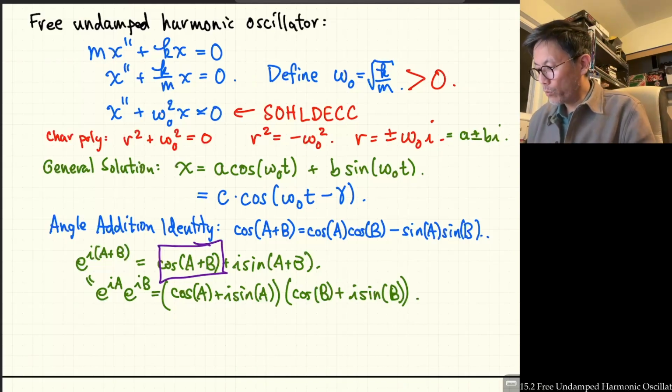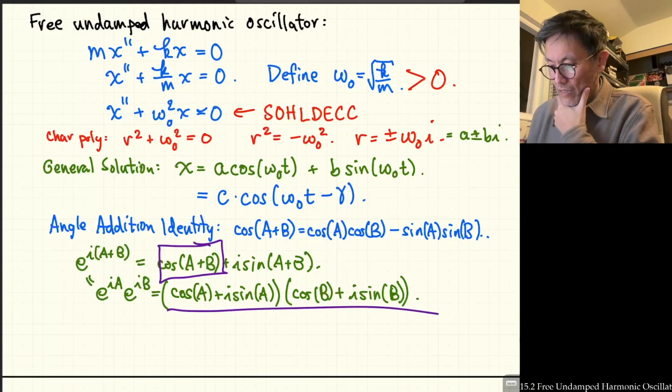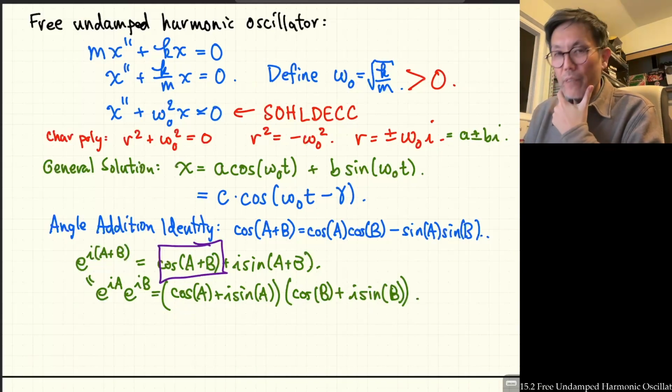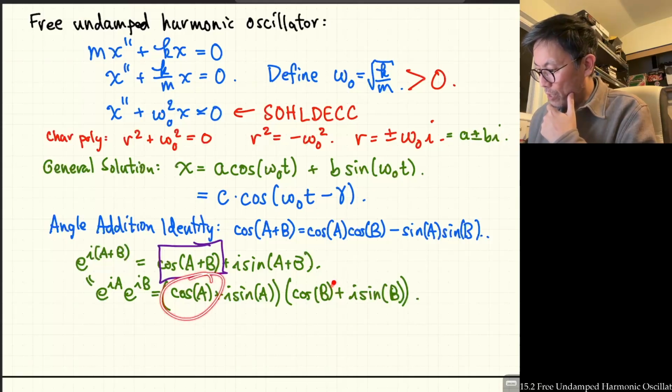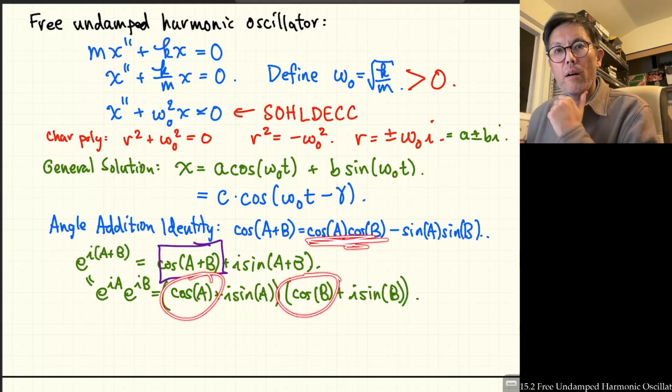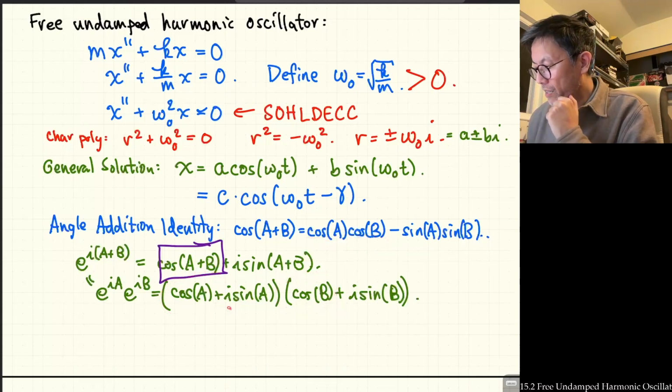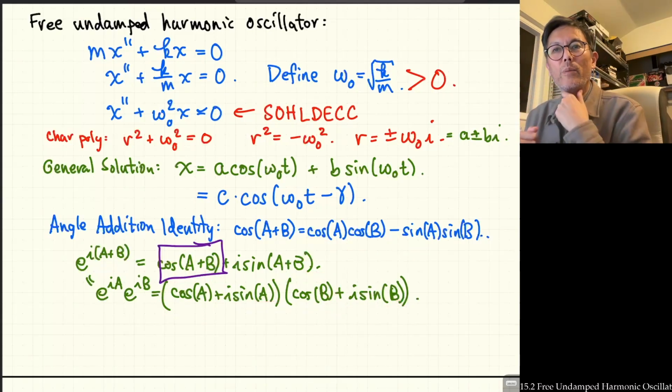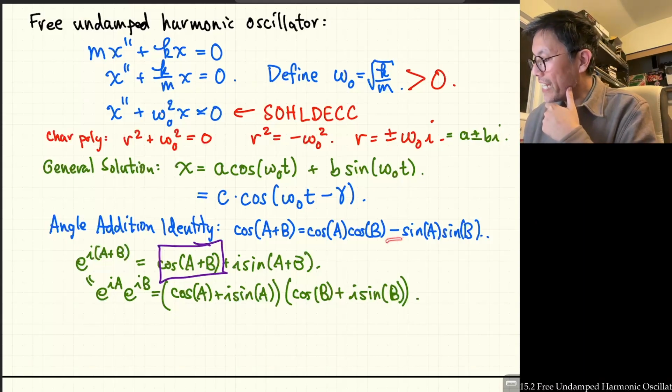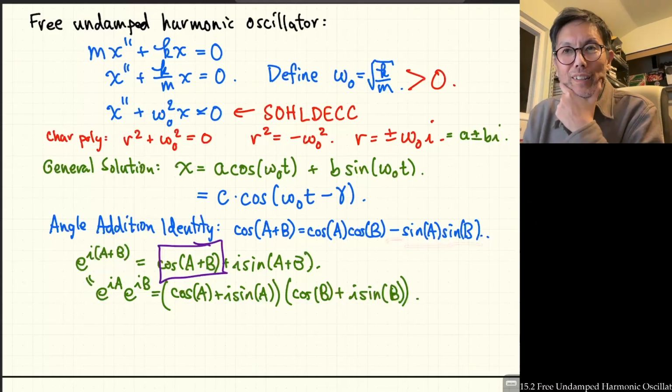So I need to know what the real part of this thing is. It's going to be the product of cosine of A and cosine of B, plus i sine A times i sine B. That's the other part that's going to contribute to the real part. But that's negative sine A sine B.